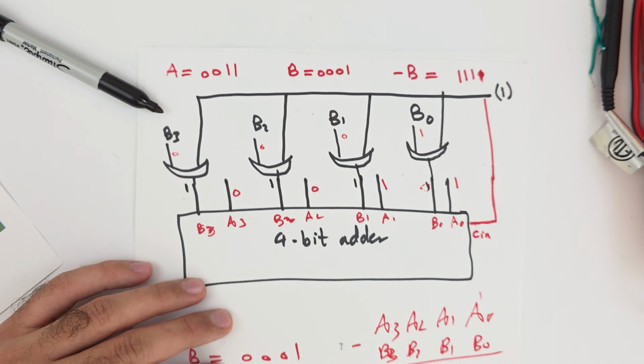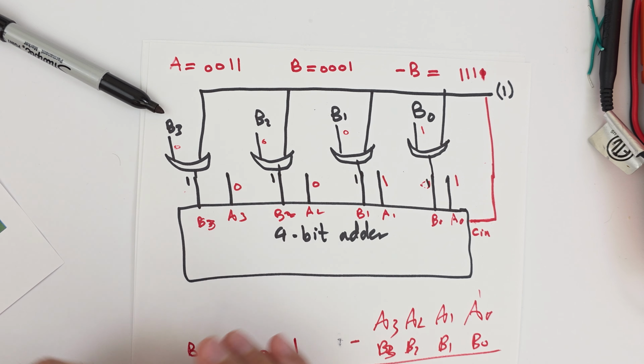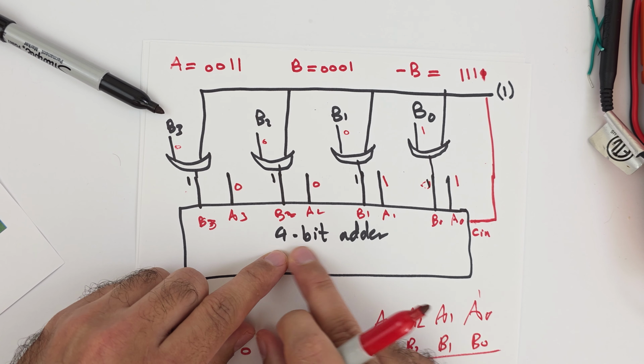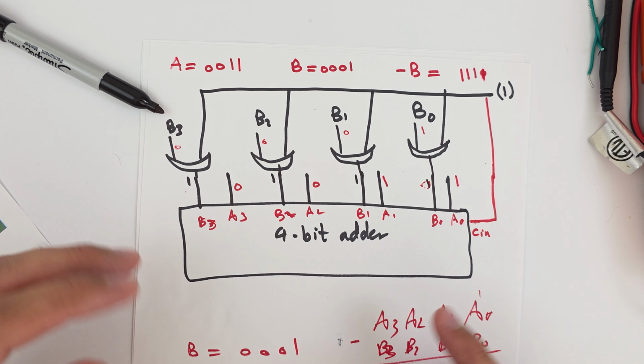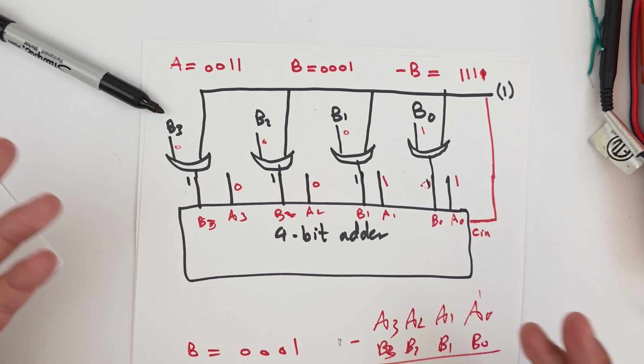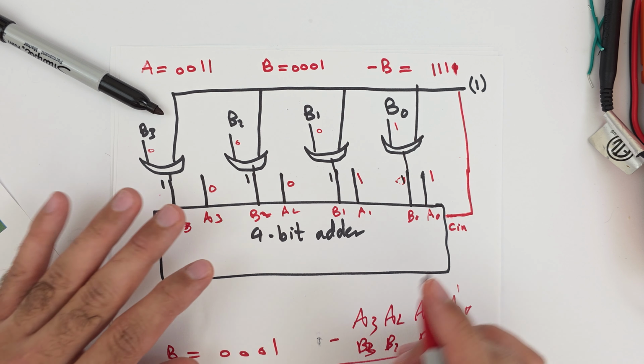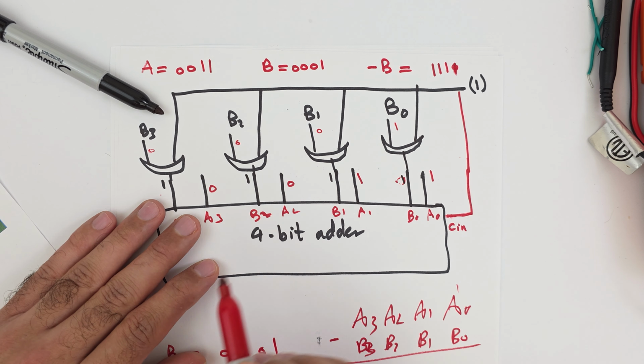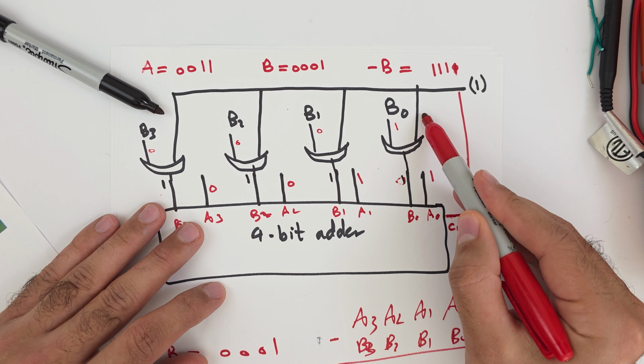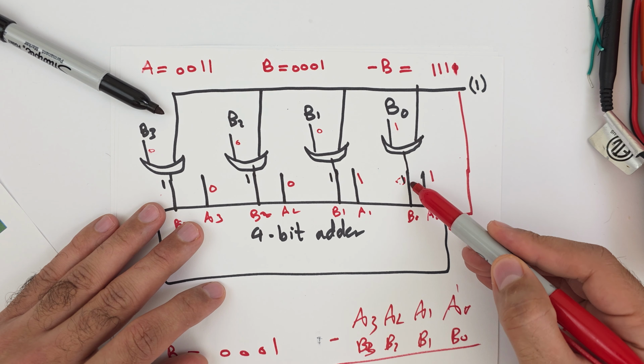So here I want to ask you, this is a subtraction circuit, but how can we do addition, not subtraction? Because the 4-bit adder's main purpose is to add, not subtract, but we added this area to make it do subtraction. To do addition, all you need to do is to take this value and put 0. If you put 0 here, the value will be exactly B0.